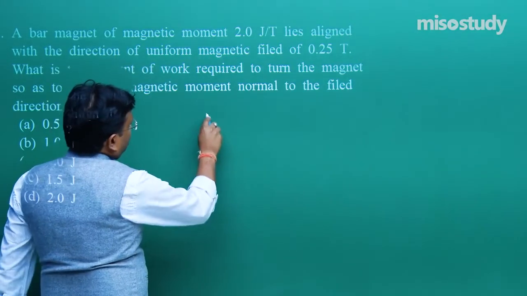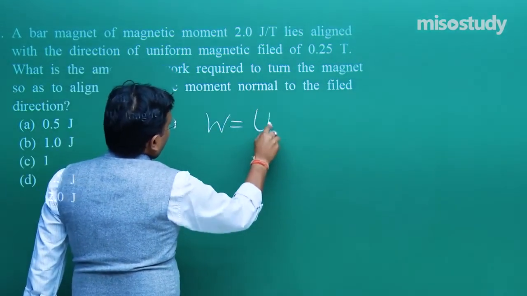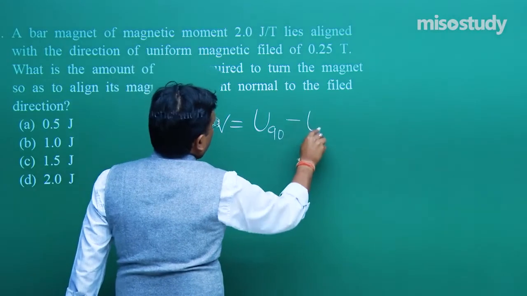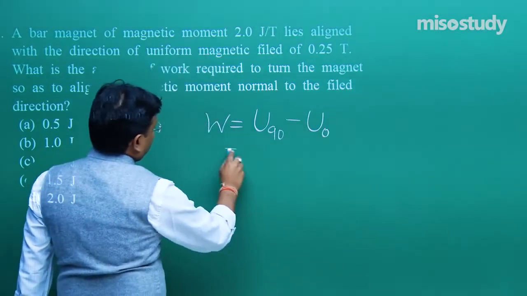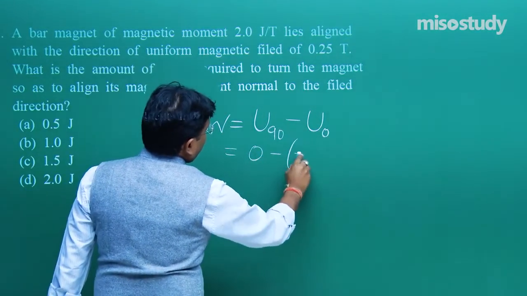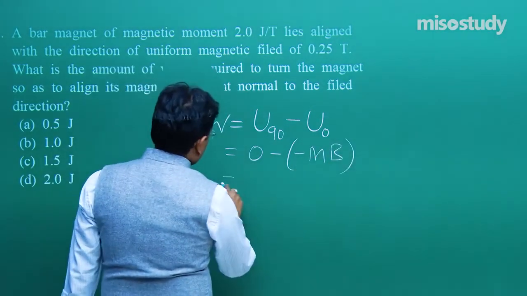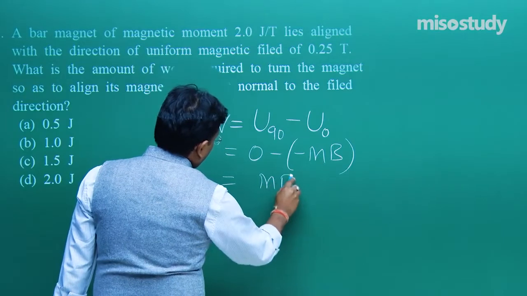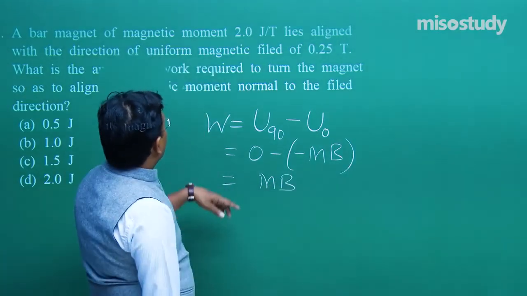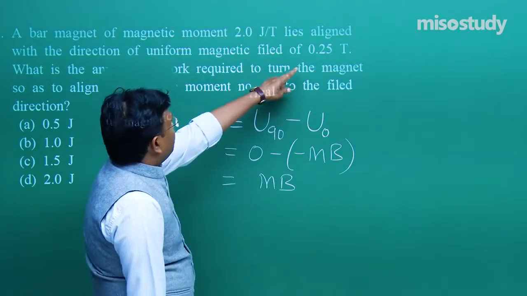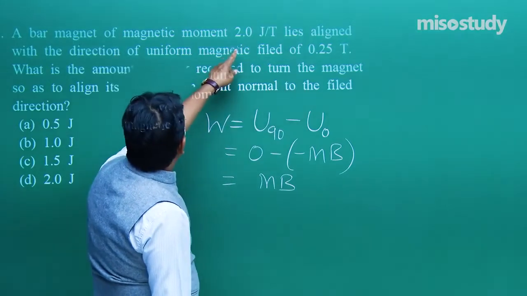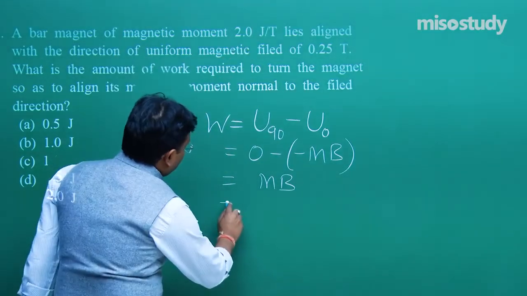So W is equal to U90 minus U0, that is 0 minus (minus mB), that is M into B. Magnetic field 0.25 and magnetic moment 2.0.